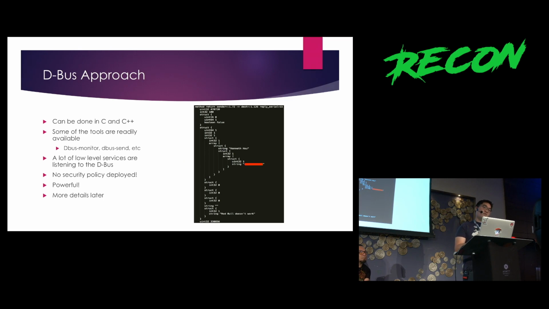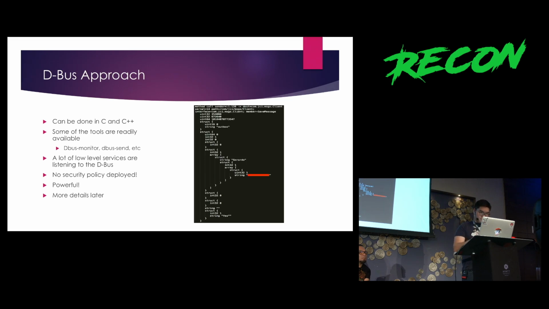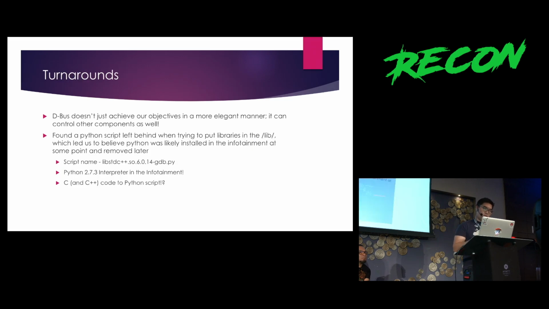That's really powerful, and it can be done in C and C++. So at that point, we decided to move on with it. And here's a save message, and the previous one was a get message. So now we know we can kill multiple birds with one stone using dbus. And then we decided to just go for it.